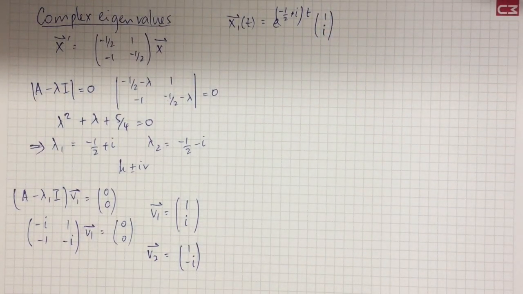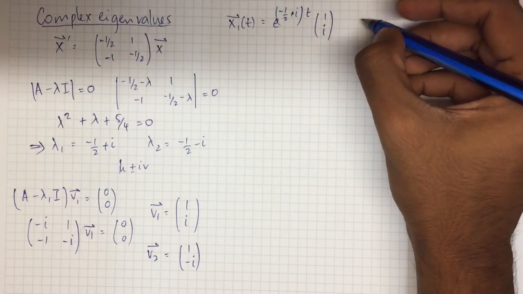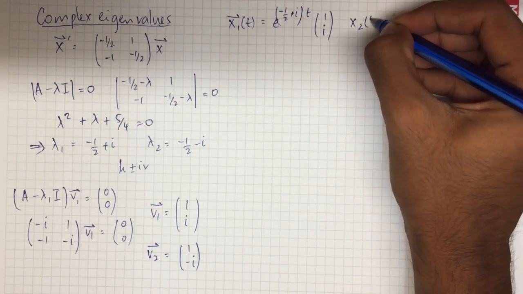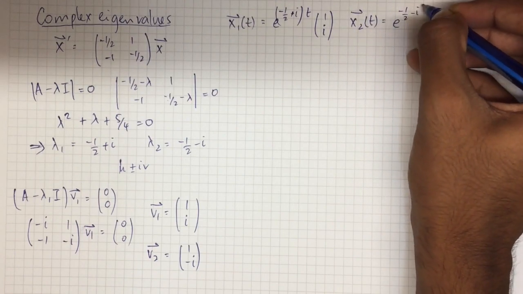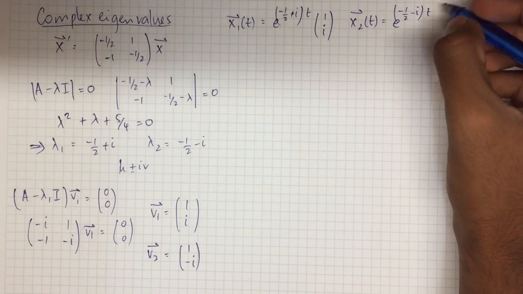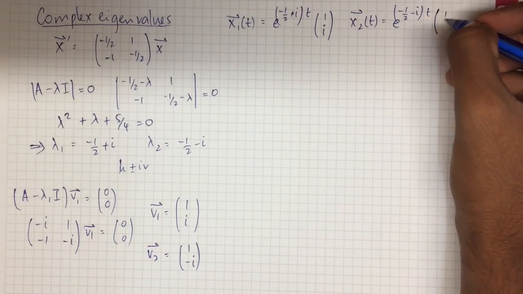So that is going to be my first x. Similarly, I can do it for my second x also. My x2 of t would be e raised to the power minus half minus i, t, times 1 and negative i.